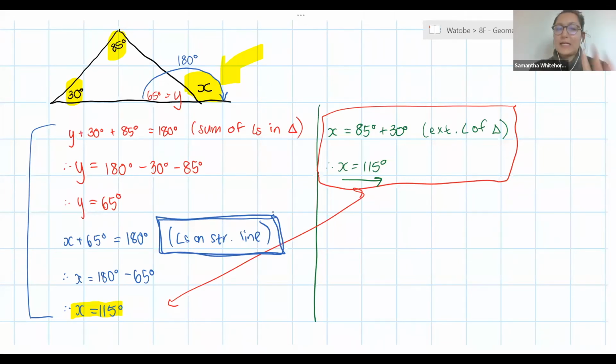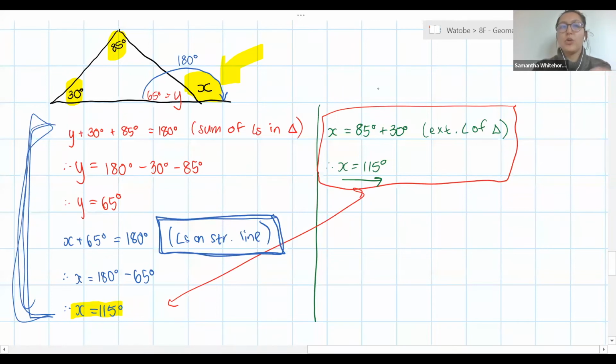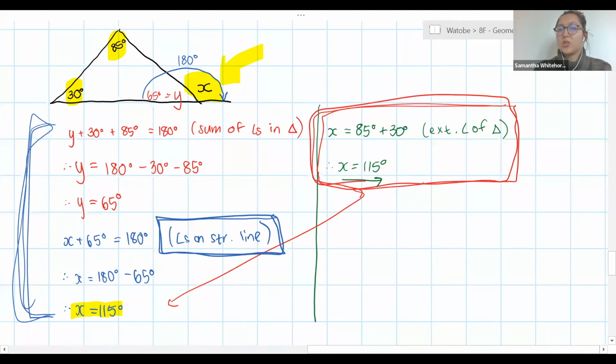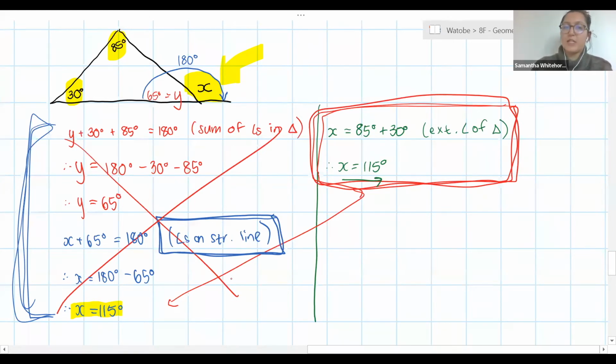So what I'm saying here is that you can do it two ways. We found a shortcut in that instead of doing this whole long working out here, like you've just said, I just use exterior angles of a triangle. So this block that I've got over here in red, that's what I would do. That's the shorter way of doing it, and it's exactly what you said, exterior angles of a triangle. Don't do all of this. That's wasting your time. It's right, but it's wasting time. If we have an exterior angle of a triangle, let's use it. Yes, ma'am. Thank you. Good, well done.